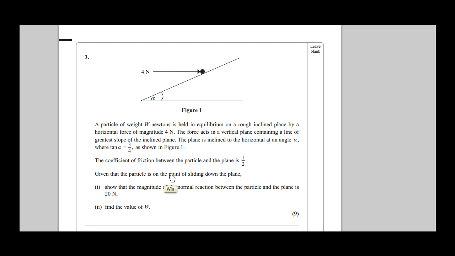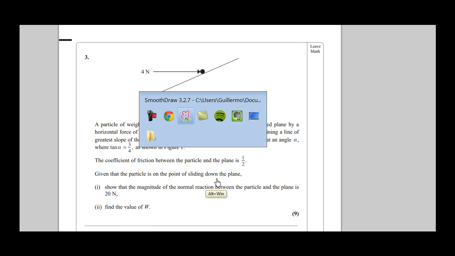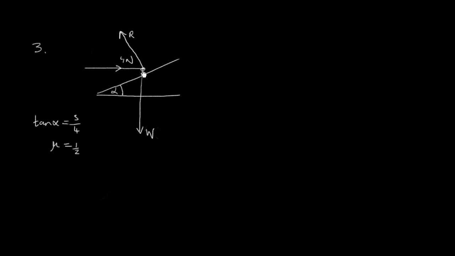Given that the particle is on the point of sliding down the plane, I can now come up here and say, I know what you're doing, it's about to slide down, so friction is a maximum, meaning that F of friction is going to be mu times R. And since I know that mu is 1/2, I can just write this down straight away as 1/2 times the reaction force. We still don't know what the reaction force is. That depends on a bunch of other things, but we know this much.